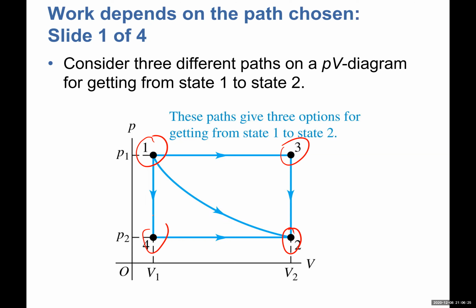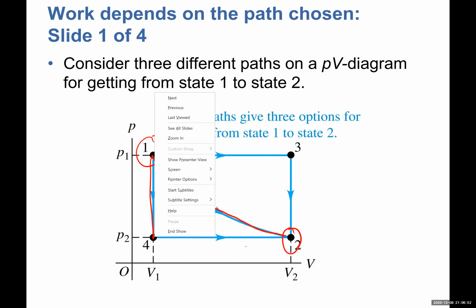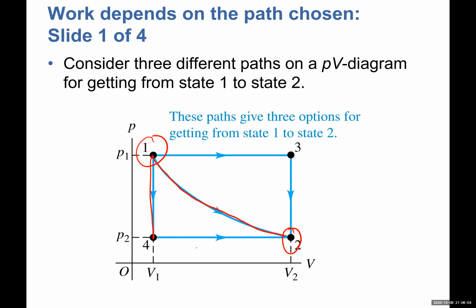Okay, so for example, consider 3 different paths on a PV diagram for getting from state 1 to state 2. All right, so that means our goal is to go from state 1 to state 2. You can see there are 3 different paths. I can go from state 1 to state 2 directly. I can go from state 1 to state 4 first, and then from state 4 to state 2. That means taking basically this path.